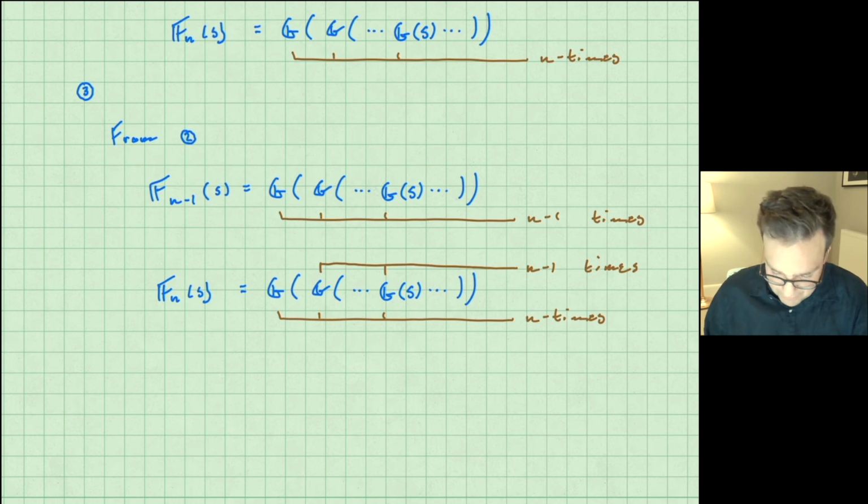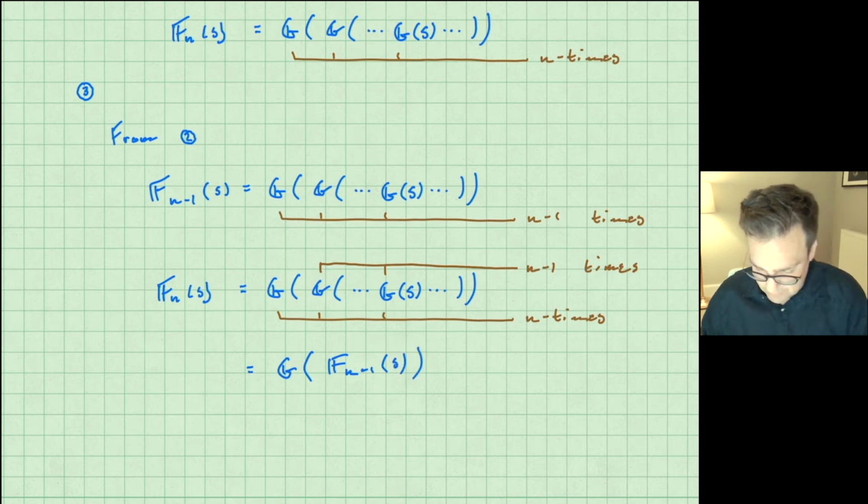Right? And therefore, this is equal to G of f n minus 1 of S. Right? Just by stealing the line above. All right, and that's the end of the proof. You can give yourself a square if you want.